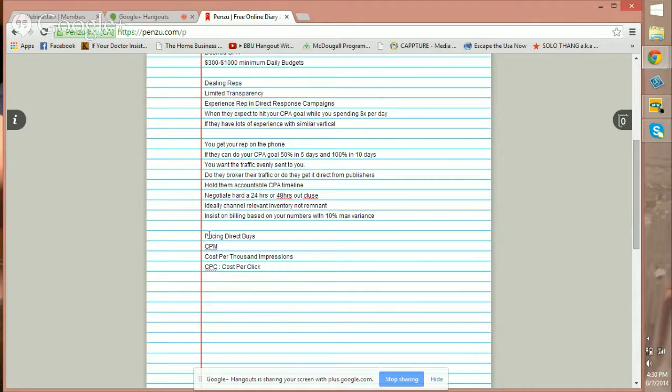But most of them use CPM, and some of them actually use CPA, cost per action. Those are the main ones, but typically they use CPM.